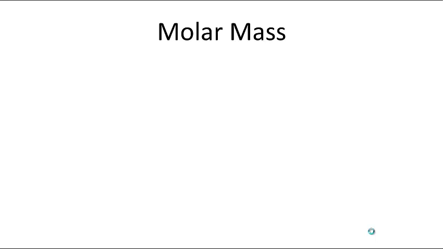So we learned a little bit about molar mass last time when we talked about 1 mole of a substance. Sorry, I need to explain this better. The molar mass of a substance is equal to the atomic weight of that substance from the periodic table, in grams.